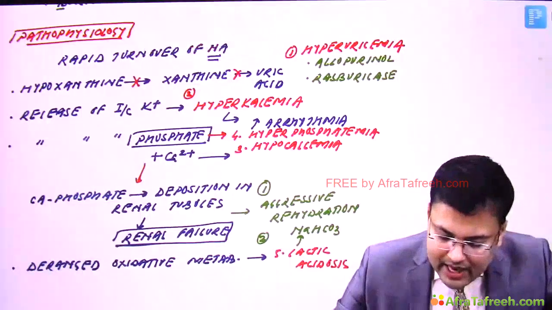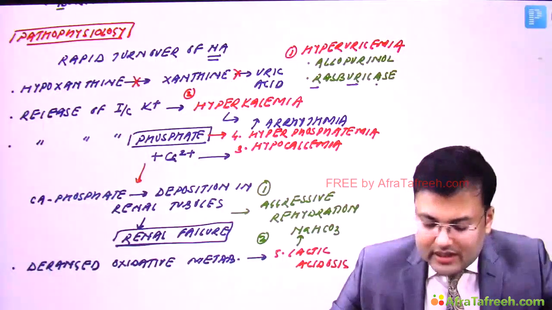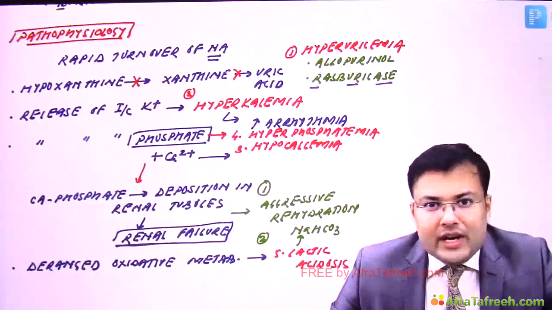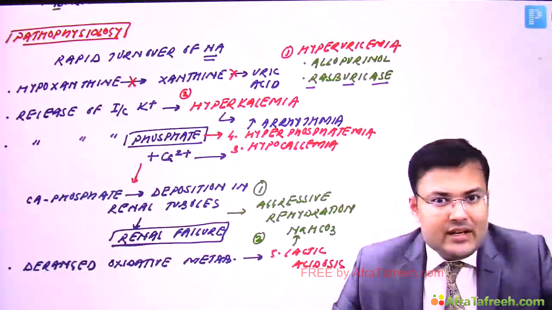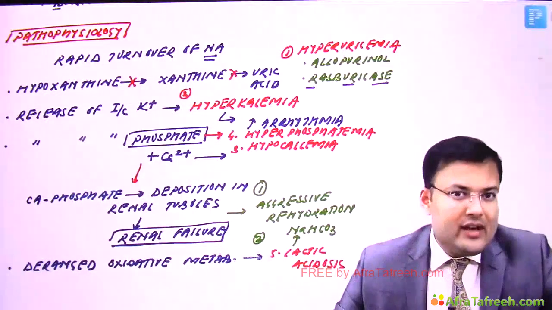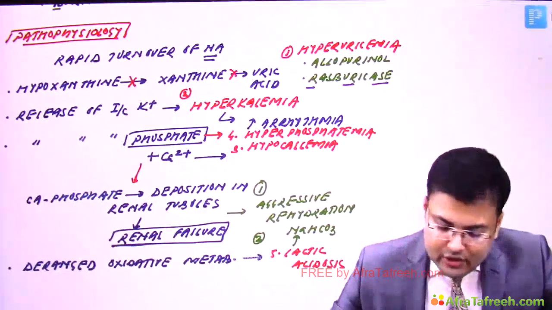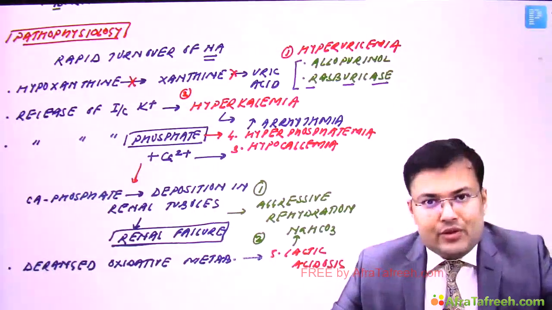So how to remember? R for recombinant urate oxidase. Rasburicase is recombinant urate oxidase, and it causes ex vivo enzymatic degradation of uric acid. So for hyperuricemia, we can use allopurinol and rasburicase.